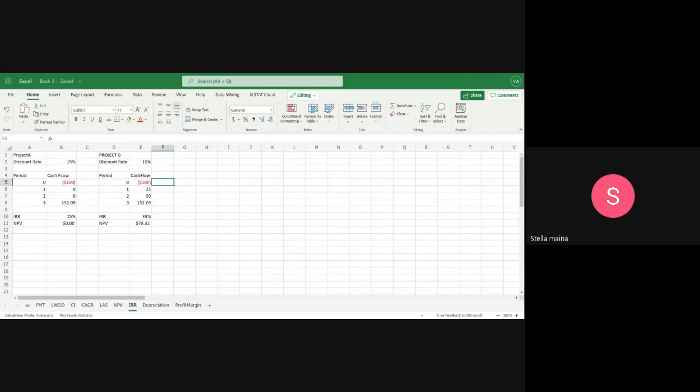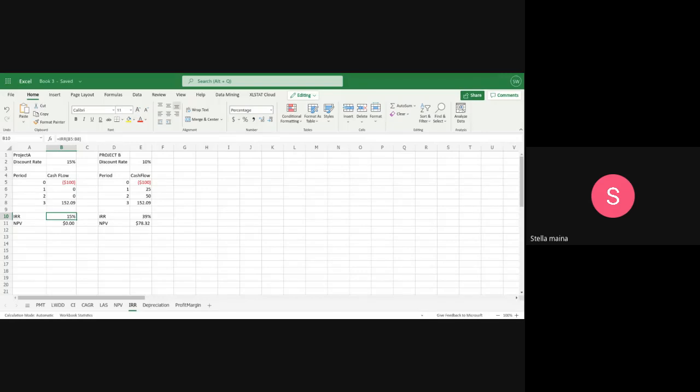Because a higher IRR indicates a better investment, you can also compare two IRRs. So for this case, project B is a better investment than project A because the IRR is higher.